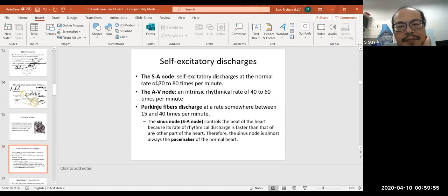One thing that was also mentioned in our lab is that all of these have a tendency to generate action potentials. The SA node, the AV node, and the Purkinje fibers can all generate rhythmic impulses.